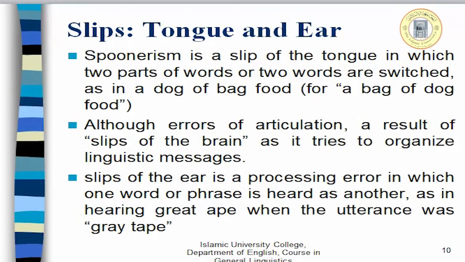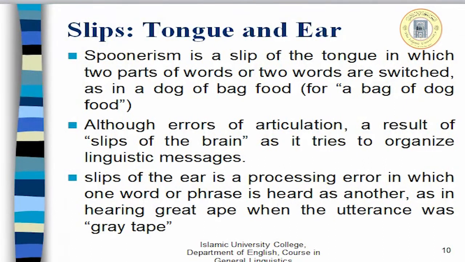Although the slips are mostly treated as errors of articulation, it has been suggested that they may result from slips of the brain, not slips of the tongue or slips of the ear, as it tries to organize linguistic messages.